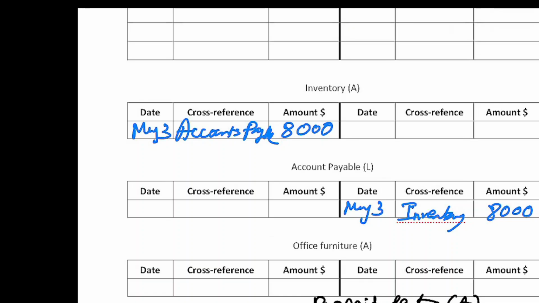Yeah, expense, yes. What happens to the expense? Increase, correct. Debit or credit? Expense increase? Debit, good.